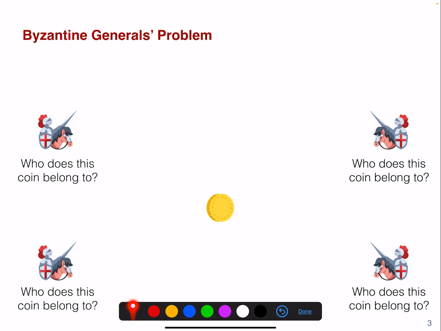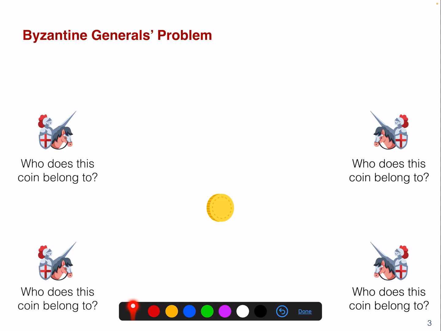If we draw the parallel to payment systems, we can think of it as quite a similar game. Here we have again the 4 knights, and now they don't want to fight, but they want to know who this coin belongs to. We have this coin in the middle, and we want to have a consensus among these 4 knights.